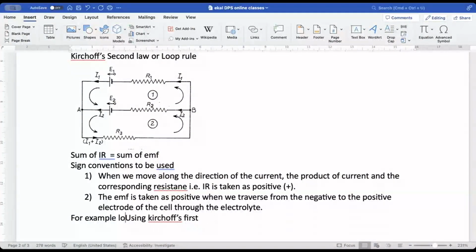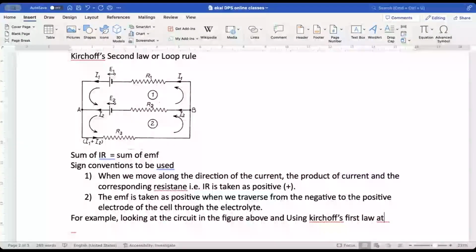Looking at the figure, and using Kirchhoff's first law at the junction A. The current flowing in R3.